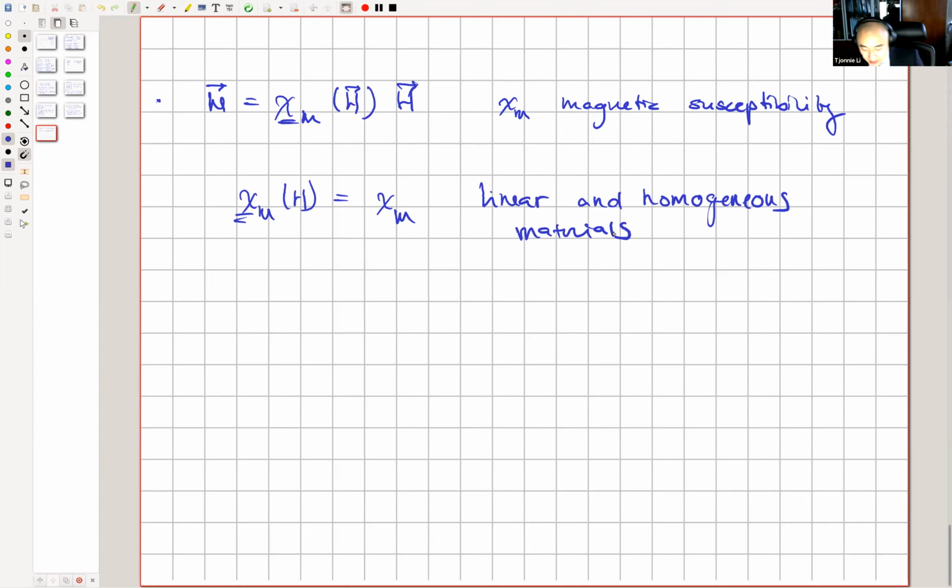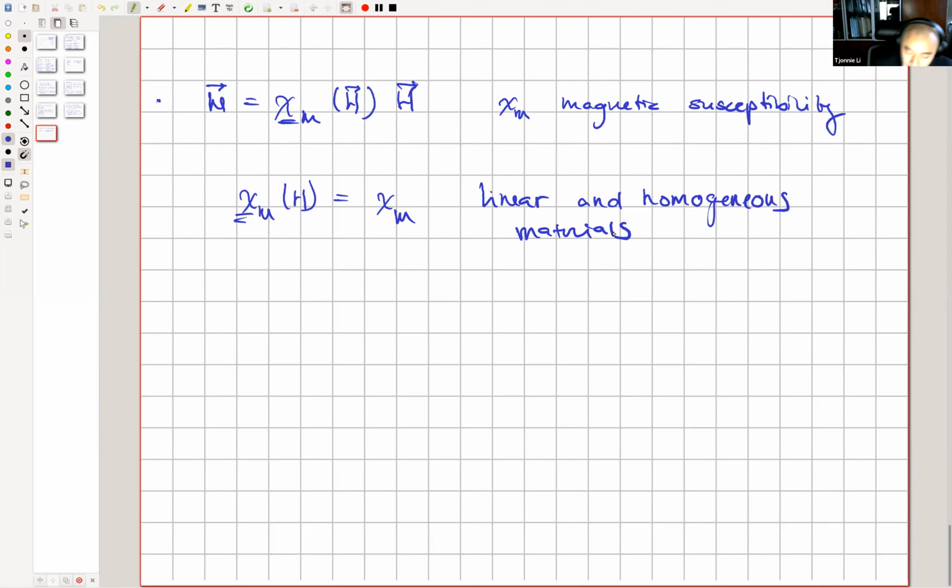Now, this subclass of materials has two things, right? One, it's quite prevalent. For most common materials, this description is a good enough description. Most materials do not exhibit very strange behavior. Here, this encompasses paramagnetic and diamagnetic materials.